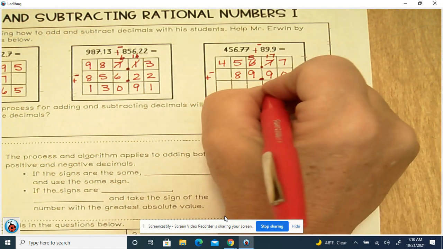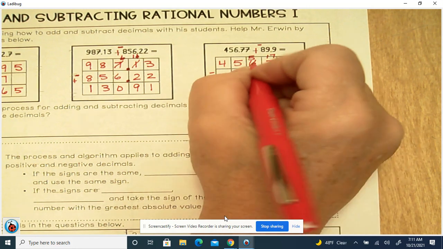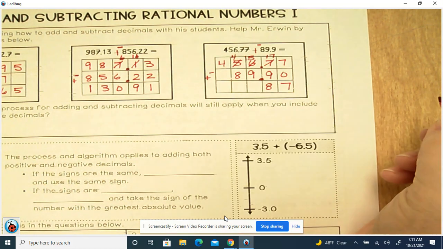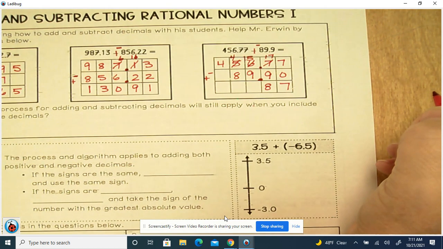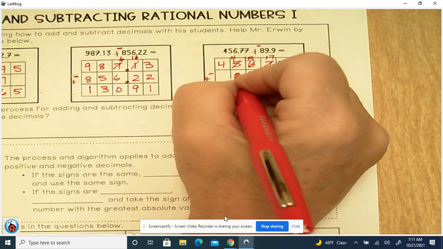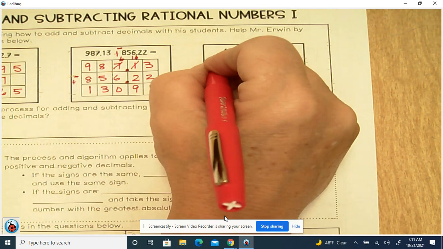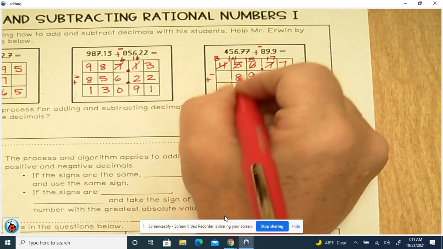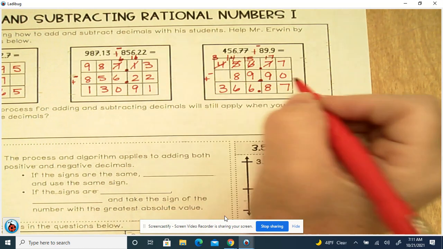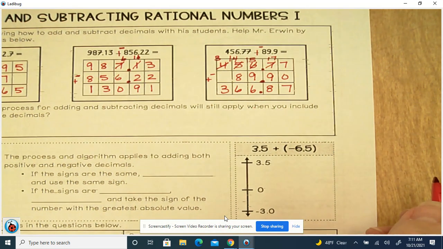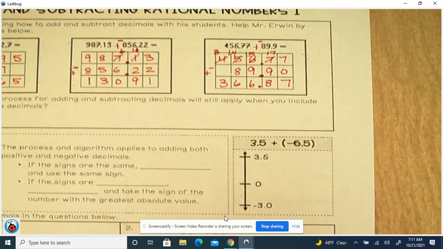And 17 minus 9 is 8. We can't take 9 from 5, so we borrow from there and make that 15. 15 minus 9 is 6. Put our decimal there. Can't take 8 from 4, so borrow from the 4 and add the 10. 14 minus 8 is 6. And then we bring down the 3. And the 456 has the biggest absolute value, so it stays 366.87.